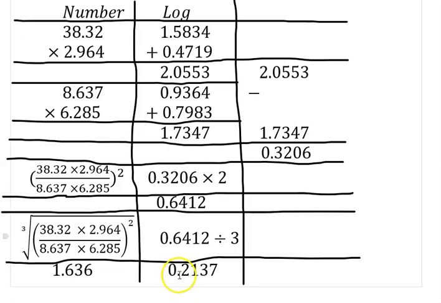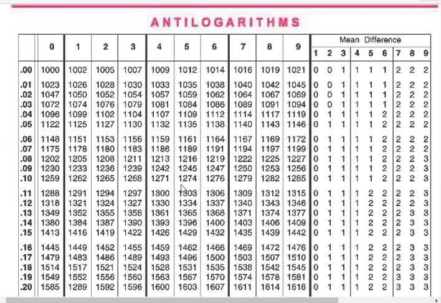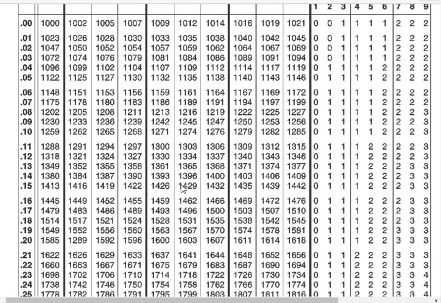So now we look for our anti-log. Go to our anti-logarithm table. 0.21 under 3, difference 7. Let's check. These are anti-logarithm. 0.21 under 3. Awesome.